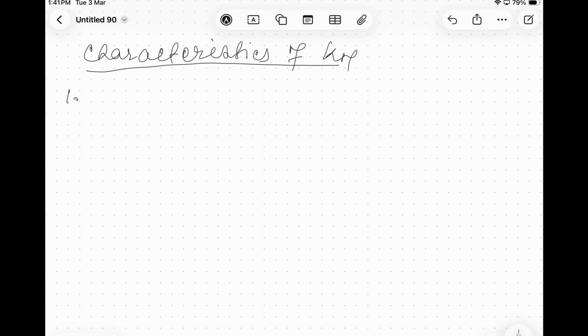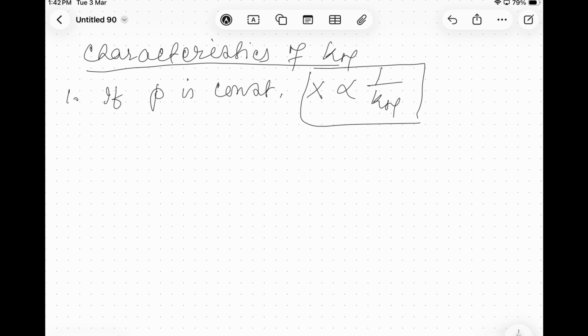Here point 1 is if partial pressure is kept constant, then from equation we may write X directly proportional to 1 by KH. That means solubility decreases with increasing constant.